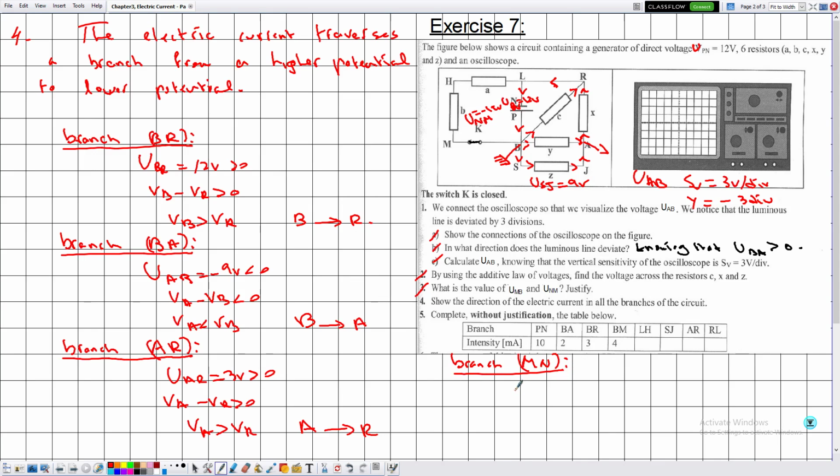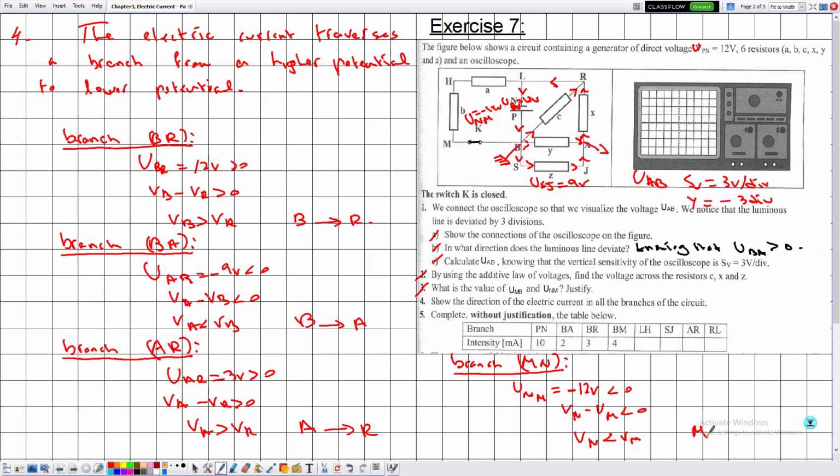So we have that UNM is equal to minus 12 volts, which is negative, which means that VN minus VM is negative, which means that VN is less than VM.